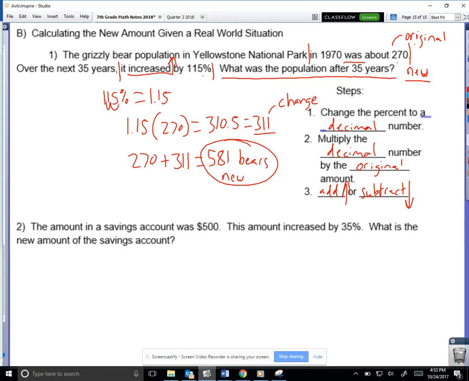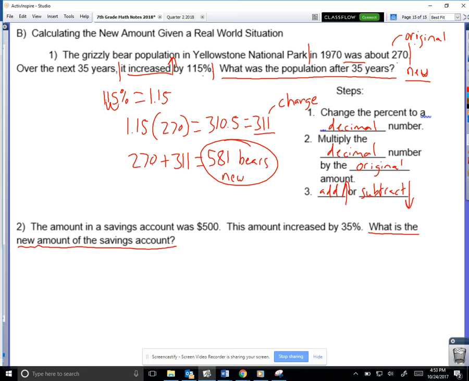All right. The amount in a savings account was $500. This amount increased by 35%. What is the new amount of the savings account? So we're told we're looking for the new amount. Underline your question so you know what it is you're looking for. Get a picture of what's going on. The savings account was $500.